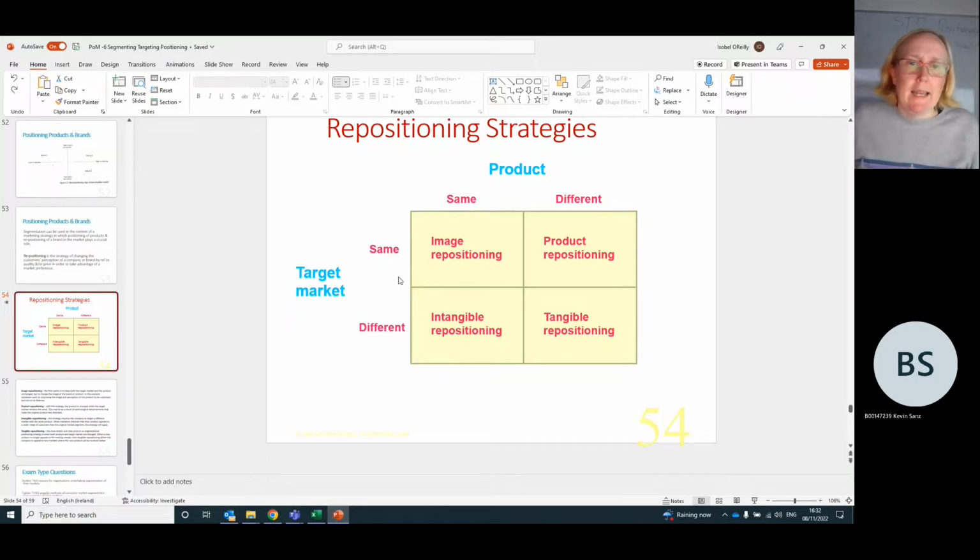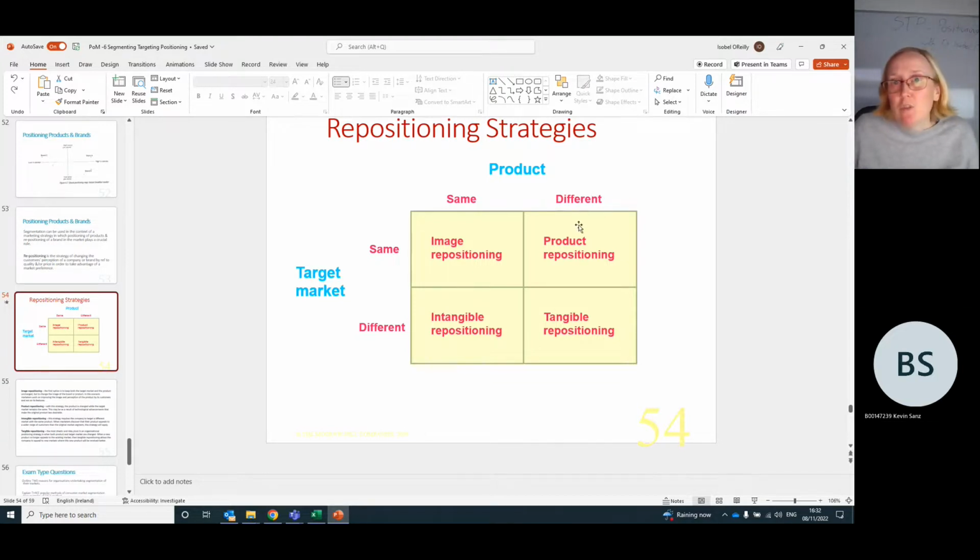And then whether or not we want the same target market or we're branching into a new target market. So if we're keeping the same product and we're keeping the same people, the same target segment, then we're just changing the image. It's an image repositioning.